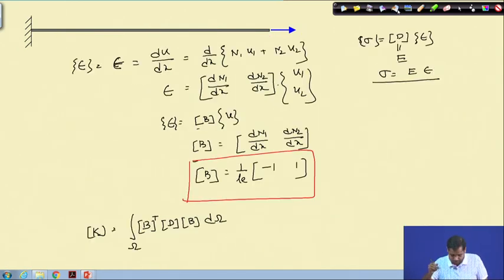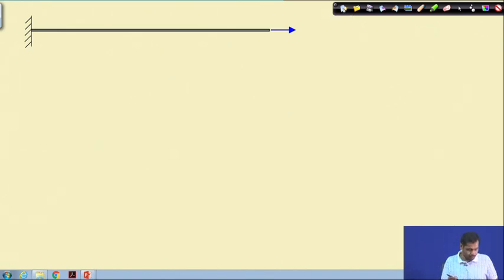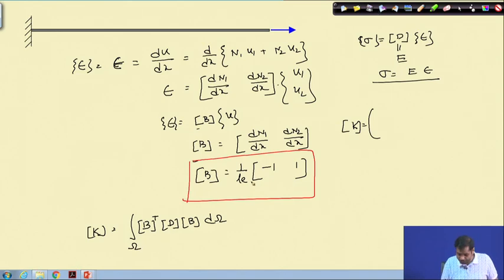Now, let us do this exercise. So k will be the integration over 0 to L_E, the length of this element, then B transpose will be this.